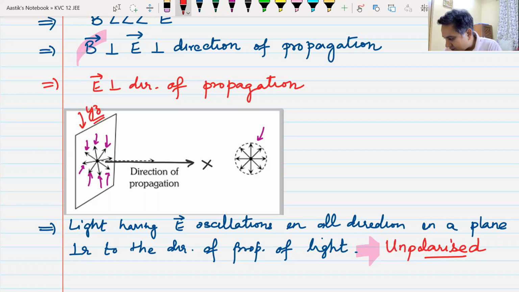This type of light is known as unpolarized light. Do we understand this? Yes or no? Yes, sir.